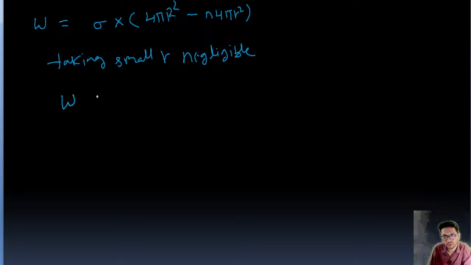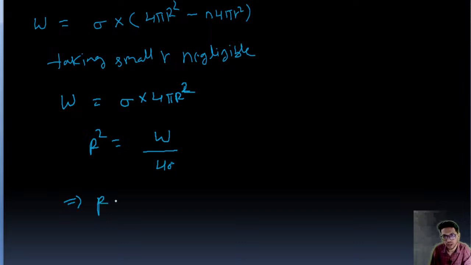So W is going to be equal to sigma into 4 pi R square. From here we can find R square equal to W upon 4 pi sigma. So this implies R is proportional to 1 upon root sigma. So R is related to sigma like this: R is inversely proportional to root sigma. This is the answer, guys.